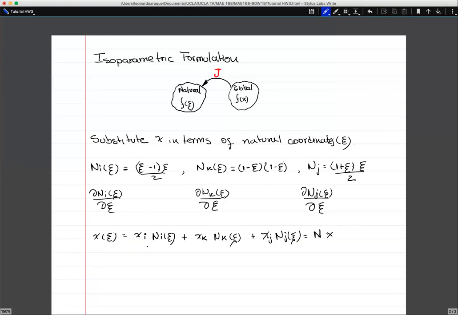The next thing we need to do is to define the Jacobian. So the Jacobian for an element is nothing else than the product between the location of each of the nodes in our element with the derivative of the shape functions.